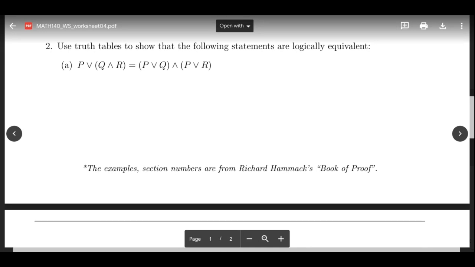Okay, make a truth table with 8 columns. So everybody try it, even myself. I'm going to try this too, okay?